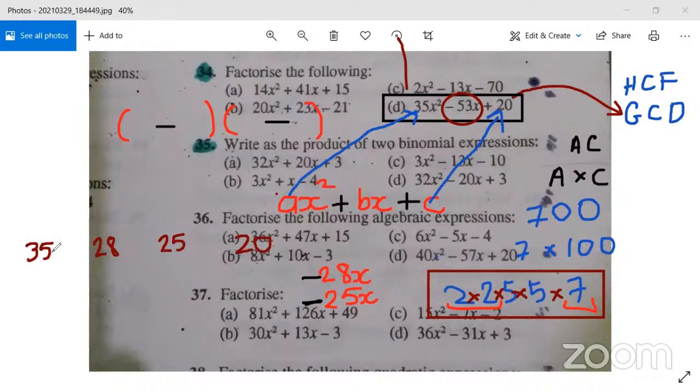No, this 35 will be 35x squared. This will be 28x. This will be 25x. And of course, let's take a look at our signs. A minus 28x, a minus 25x, and a plus 20.